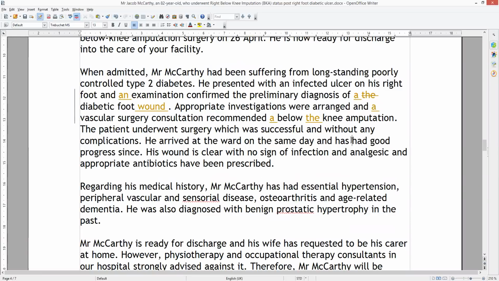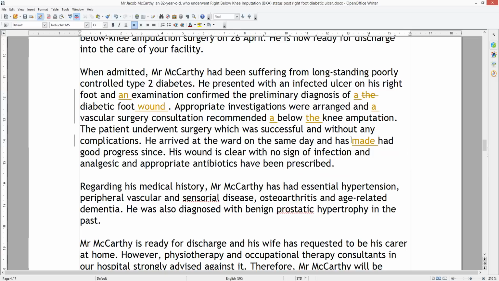We usually say made is the verb with progress. You can use the term a diabetic foot, but in an English test, use diabetic foot wound, as in the wound was caused by diabetes, not a diabetic foot.